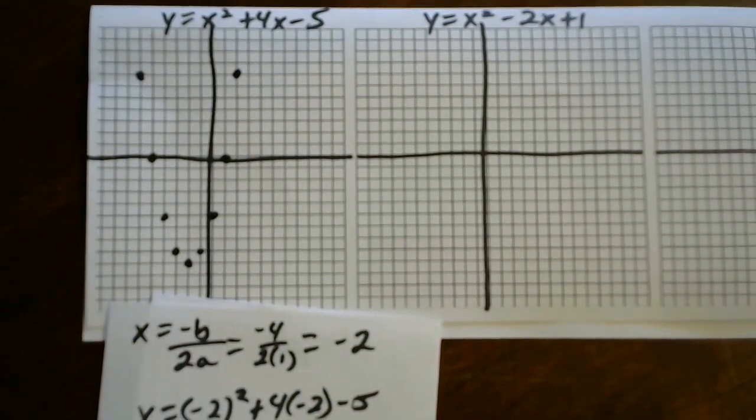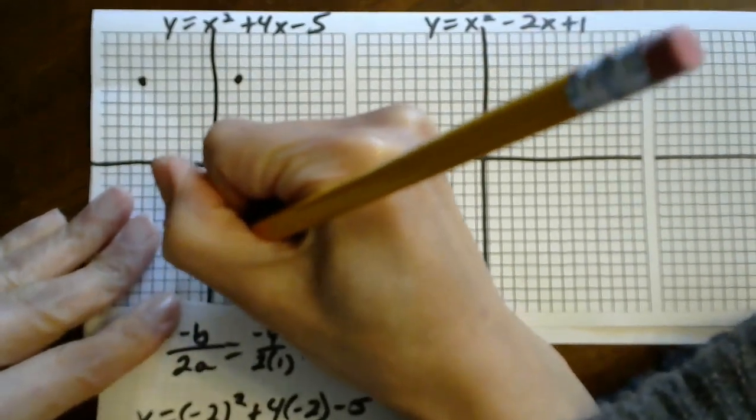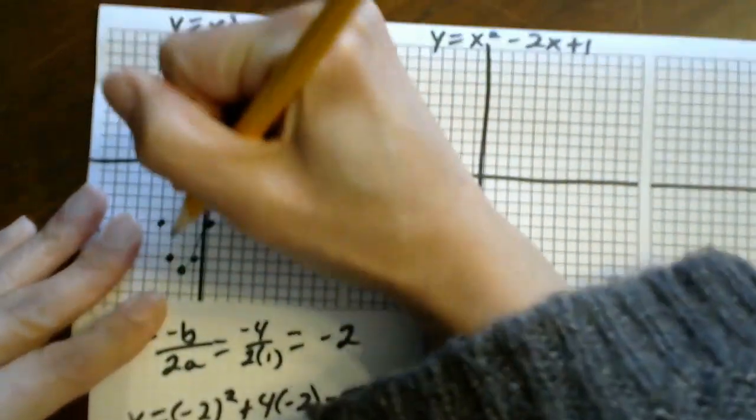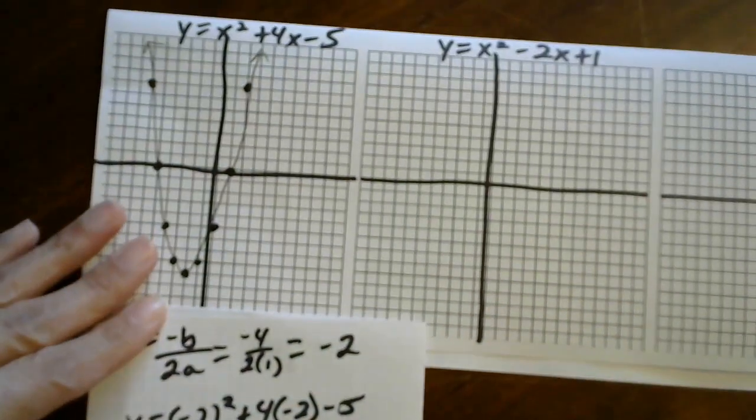So this is the graph of y equals x squared plus 4x minus 5. This is a line that curves and it continues to go up and it continues to go outward.